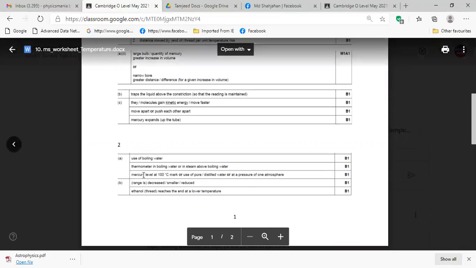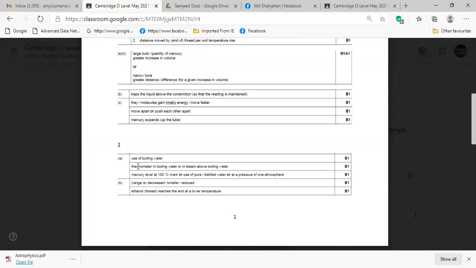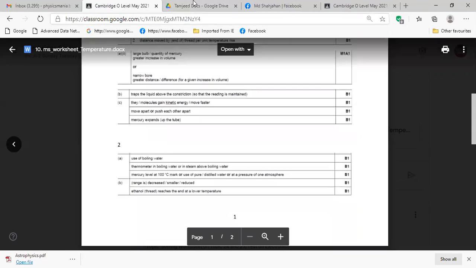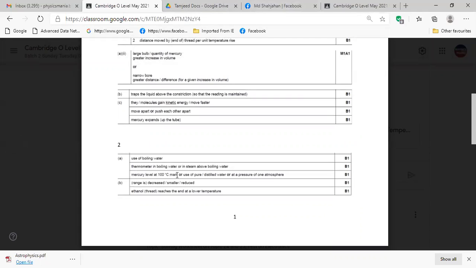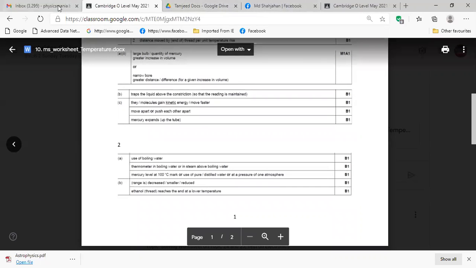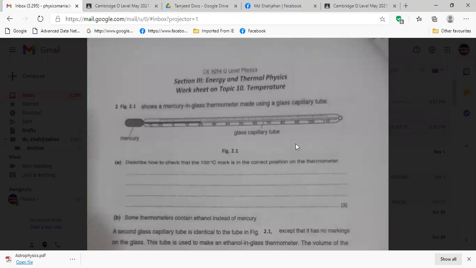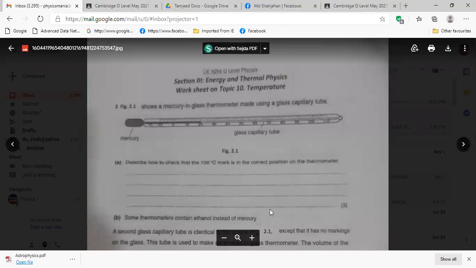Okay, till here we discussed. Last pointer is just this one. Mercury level at 100 degrees Celsius mark. That means mercury rises till the 100 degrees Celsius mark in the thermometer.